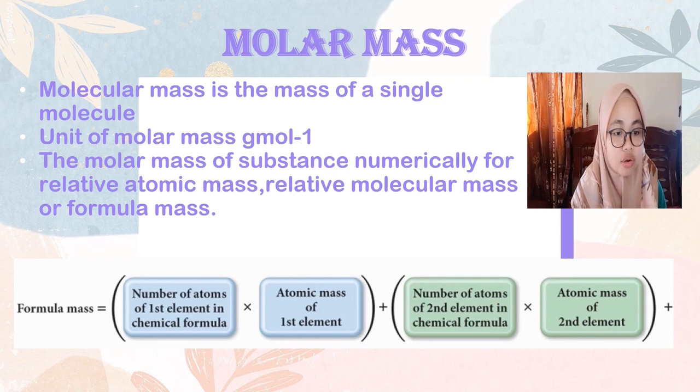The formula you can use to calculate the molar mass is formula mass equals bracket number of atoms of one element in the chemical formula times atomic mass of that element plus bracket number of atoms of the second element in the chemical formula times atomic mass of the second element.